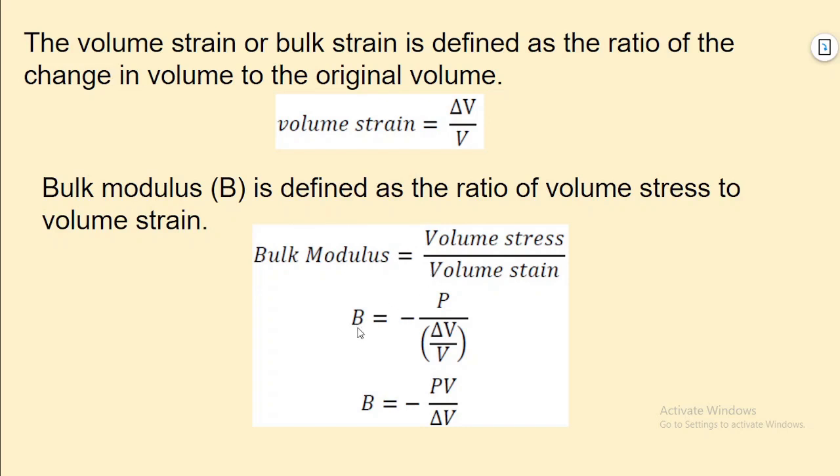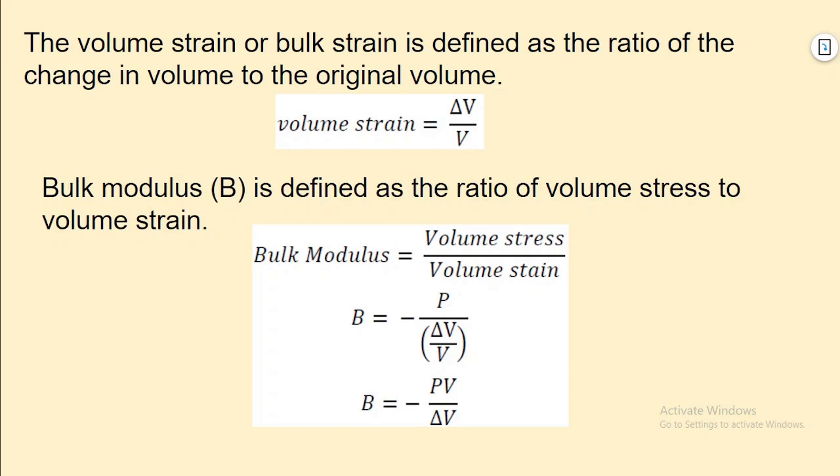So B, the bulk modulus, is equal to negative of P divided by delta V by V, that is, B equals negative PV divided by delta V. Here a negative sign is inserted so that B is always a positive number.